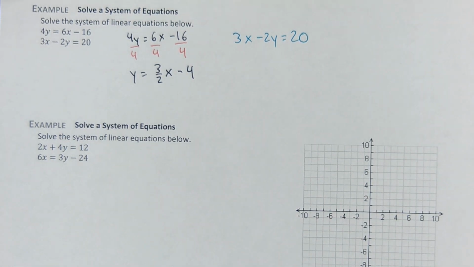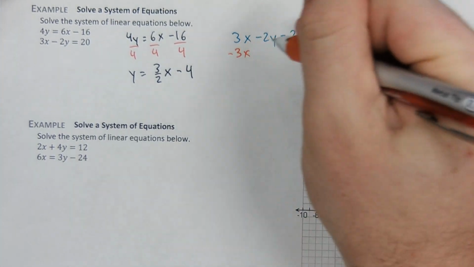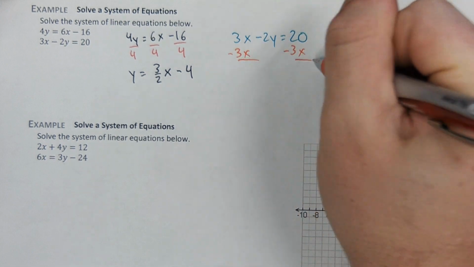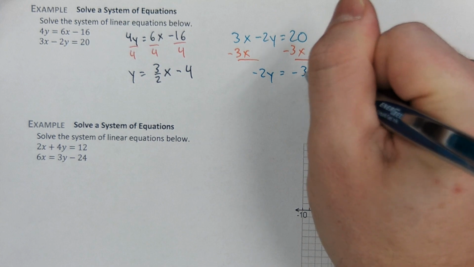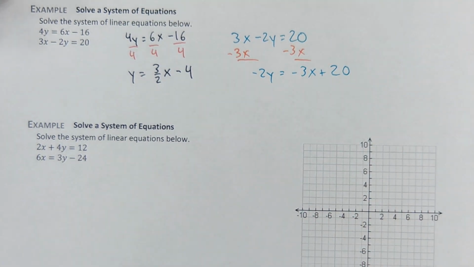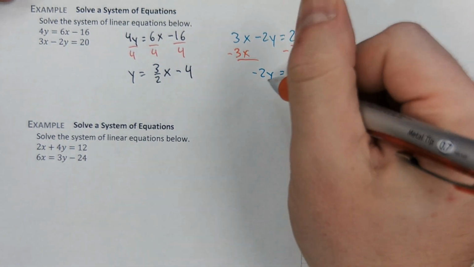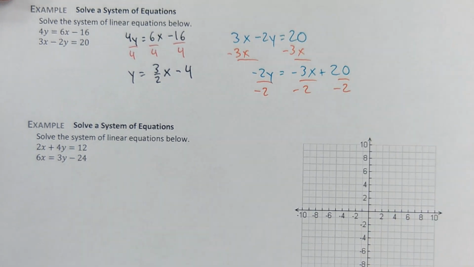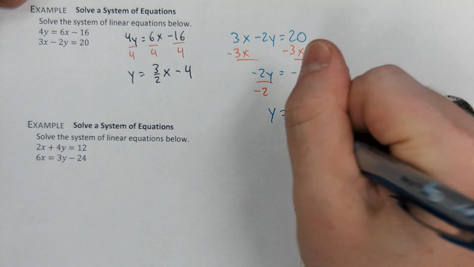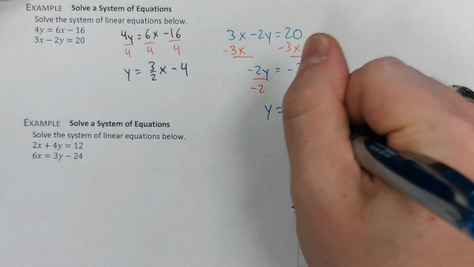All right. I'm going to subtract 3x from both sides. And I'm going to divide by -2. When you divide 2 negatives, you get a positive.